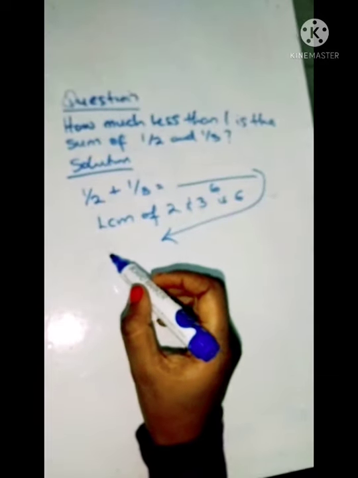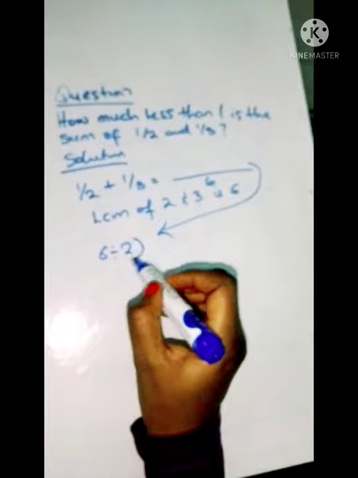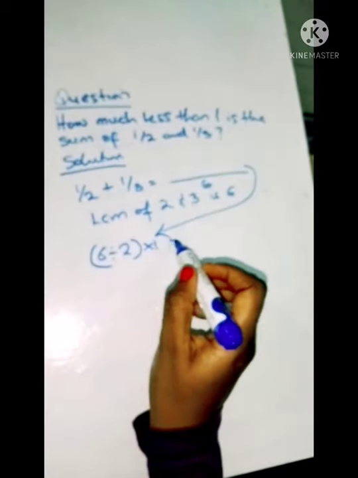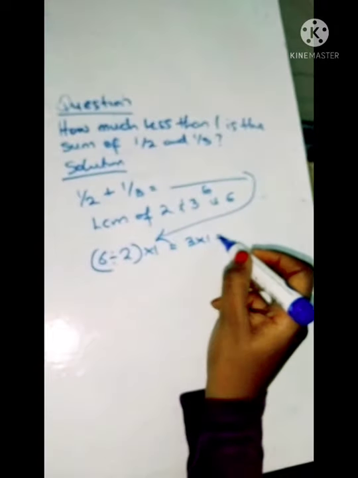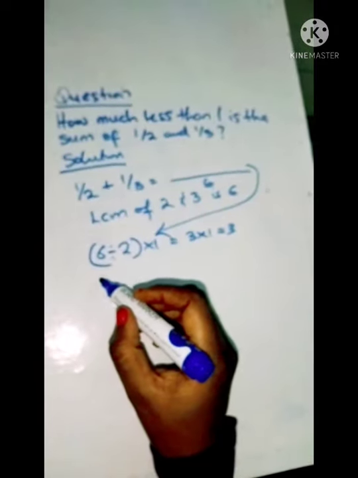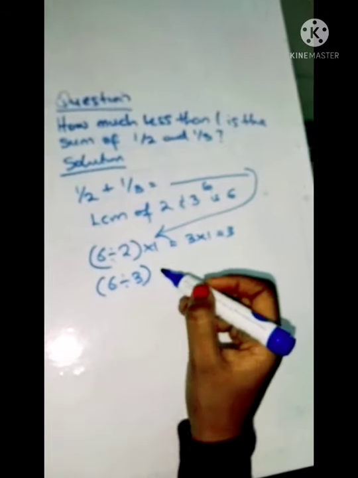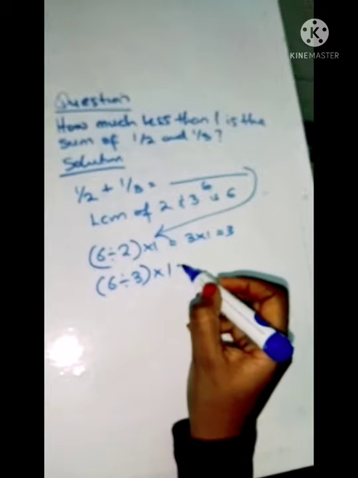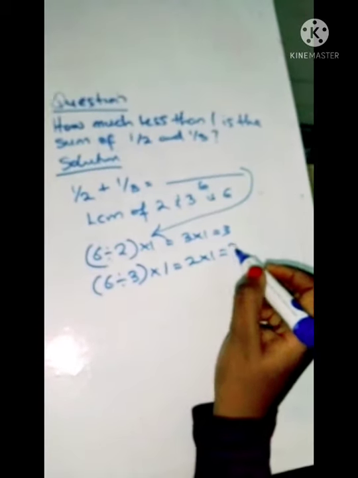So we'll say 6 divided by 2, which is the denominator, times the numerator 1, will give us 3 times 1, which is 3. And for 1 over 3, we'll say 6 divided by 3, which is the denominator, times the numerator, which is 1, giving us 2 times 1 equal to 2.